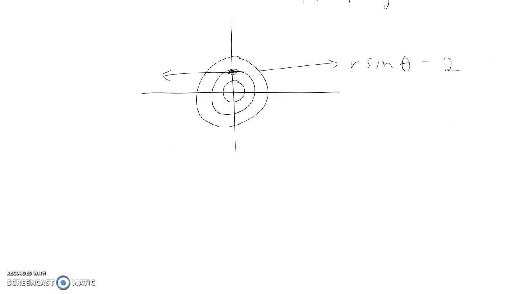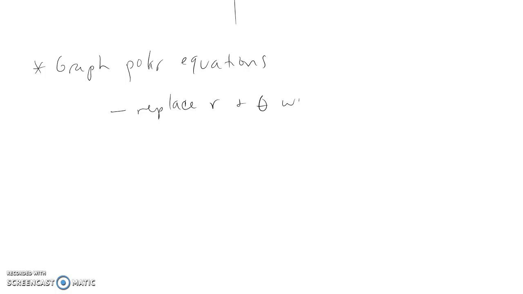All right, so basically the idea, to graph polar equations right now, for us, is we replace r and theta with their equivalents using x equals r cosine theta and y equals r sine theta, right?